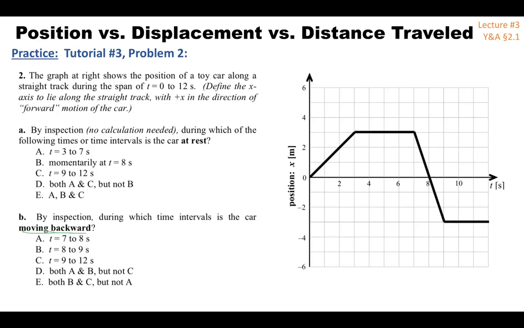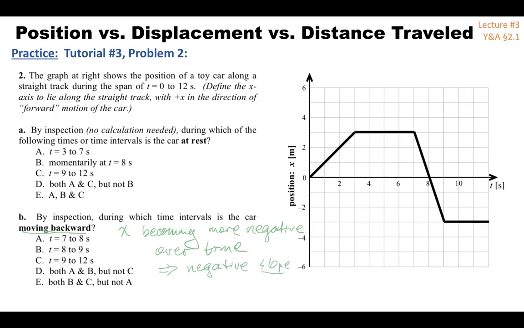Or in other words, when the position is becoming more negative over time, right? So x is becoming more negative over time. What does that look like graphically? That means that this graph is going to have a negative slope.